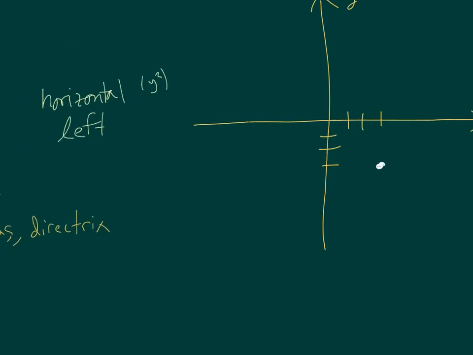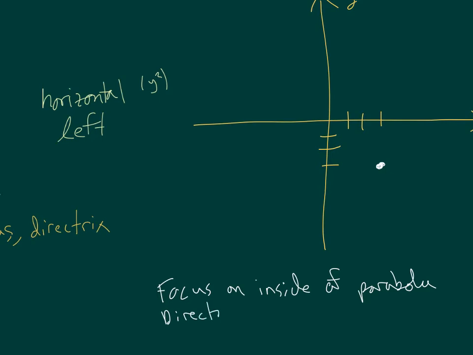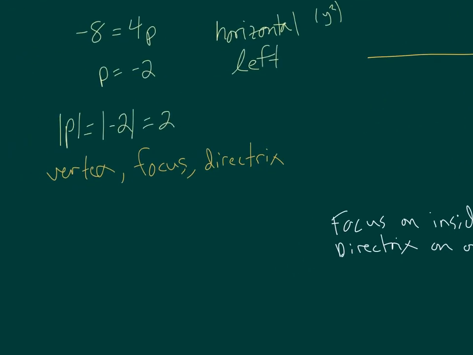Remember, the focus is always on the inside of a parabola, and the directrix is on the outside. So the focus has a location of 1, negative 3.